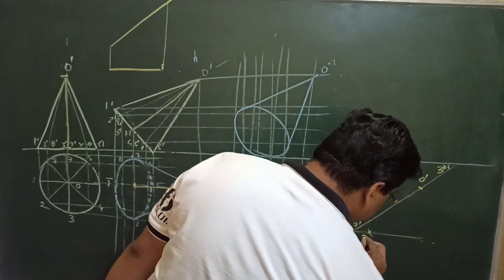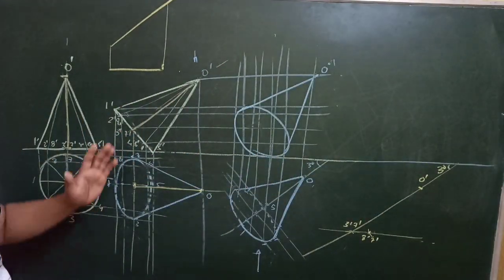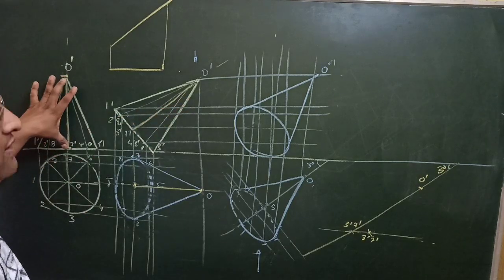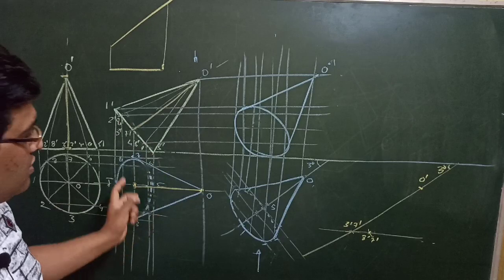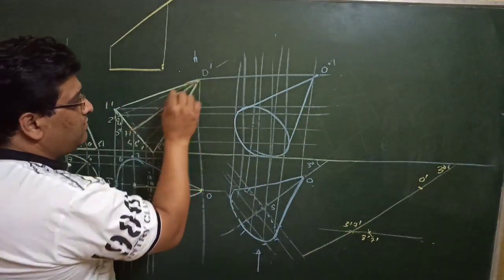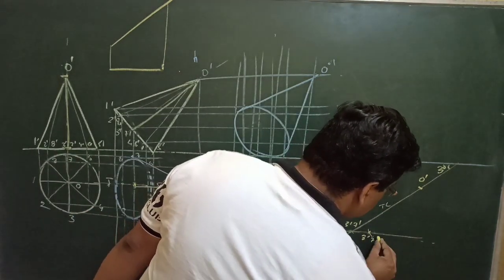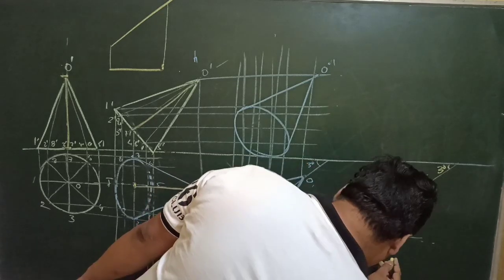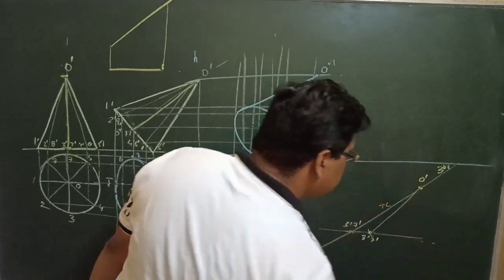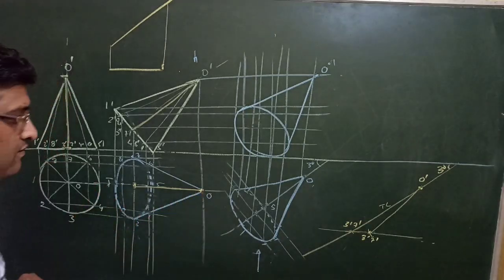So this will represent 3 dash 7 dash in the top view, because actually the cone is tilted, but the 30 degree angle is made by the original line, but we have to draw this complete figure here. So this is the true length of the axis, this is the top view of the axis. So this point which we have obtained, this is the top view of the axis, exactly equal to this one, because we have taken the distance from here itself.